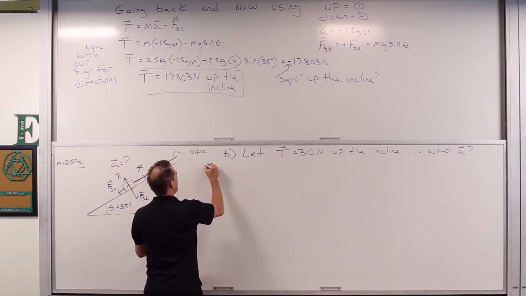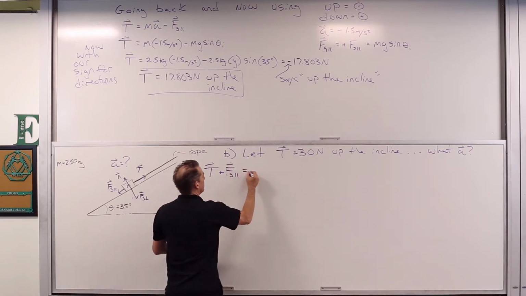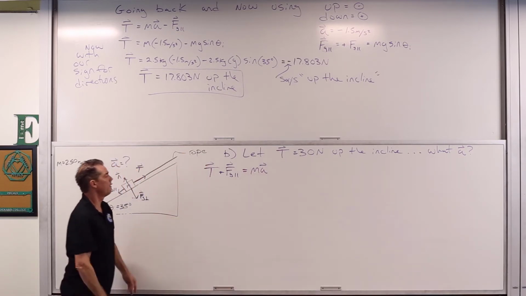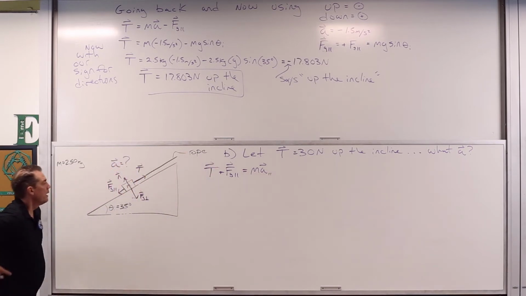So let us check this out, right? So we just go back. T hat plus FG parallel hat gives us MA hat. Net force is composed of, in the parallel direction, just like what we had before. And we're solving this out for A hat. Well, let's just choose a sign convention, right?